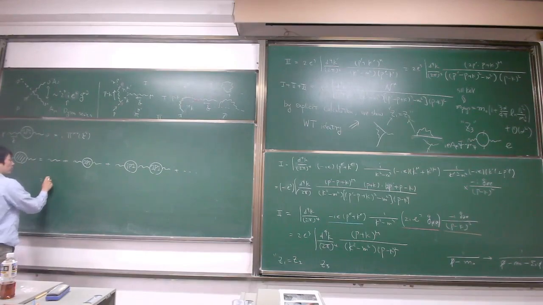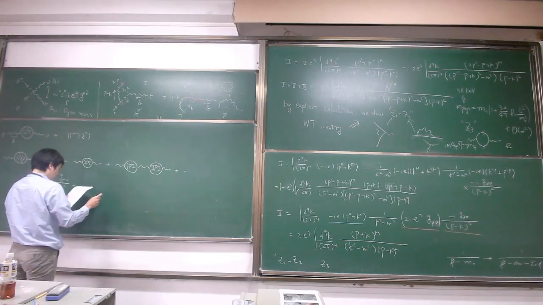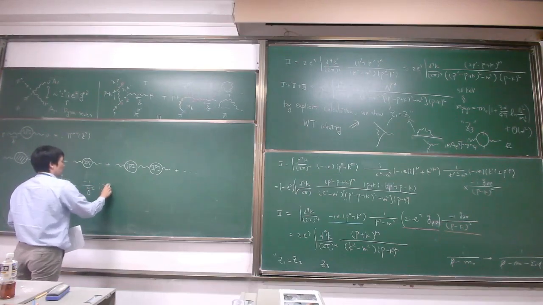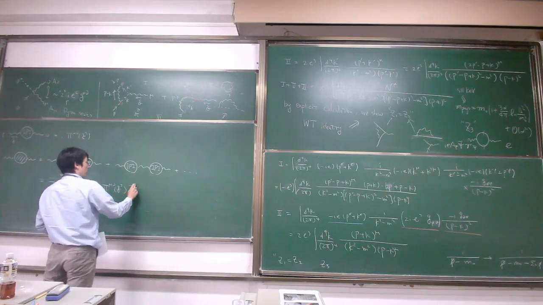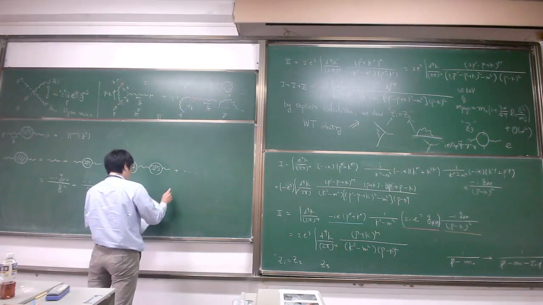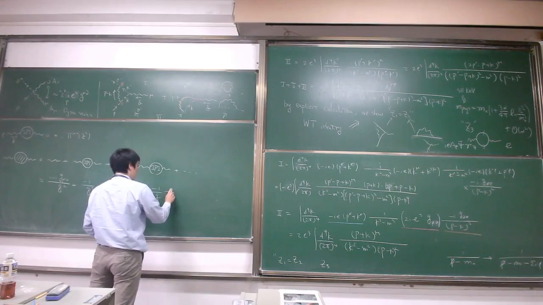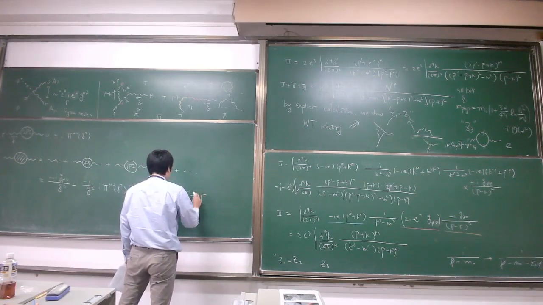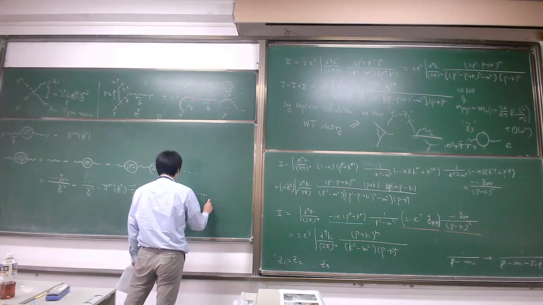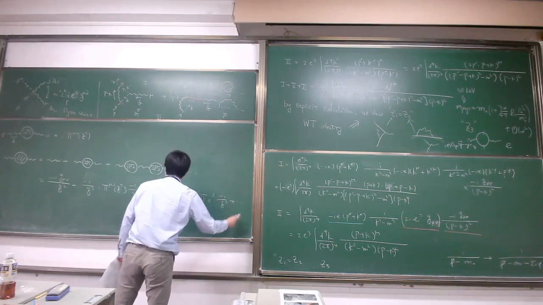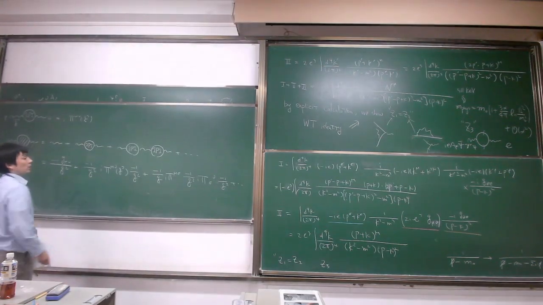This is equal to, as we already learned, minus i g mu nu over q squared, and then we do the same exercise: minus i over q squared, then plus the 1PI term i sigma mu nu times minus i over q squared, and so on. That's what is going to happen.